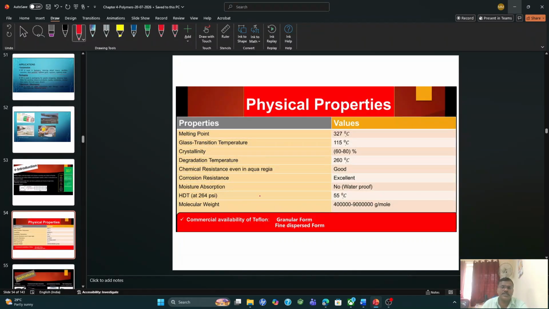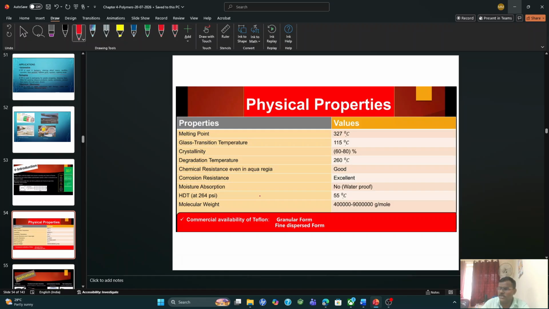Physical properties. I have given here some physical properties. Melting point is 327 degrees Celsius. Glass transition temperature is 115 degrees Celsius. Crystallinity is 60 to 80%. Degradation temperature is 260 degrees. Chemical resistance in aqua regia is very good. Even aqua regia, it is very stable. What is aqua regia?